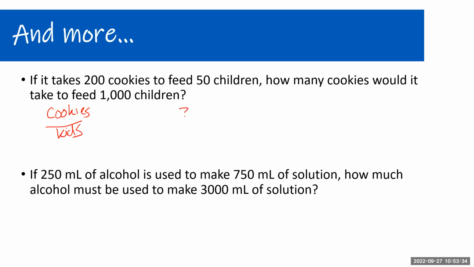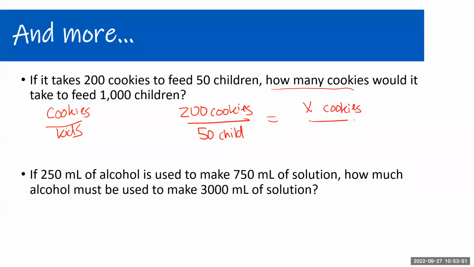So we know that we have 200 cookies for 50 children. Okay. How many cookies? So now we want X cookies for 1,000 children. Okay.